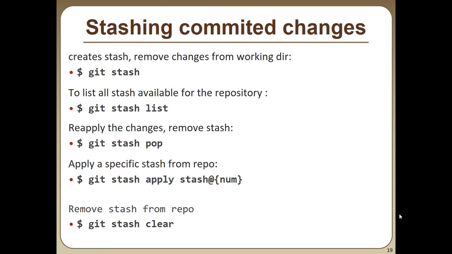No matter how many files you have modified, it will try to take a backup of all the files, all the modifications, and then the next thing it is going to do is undo the changes from the files so that it will leave the files exactly as they were before you started doing the changes.